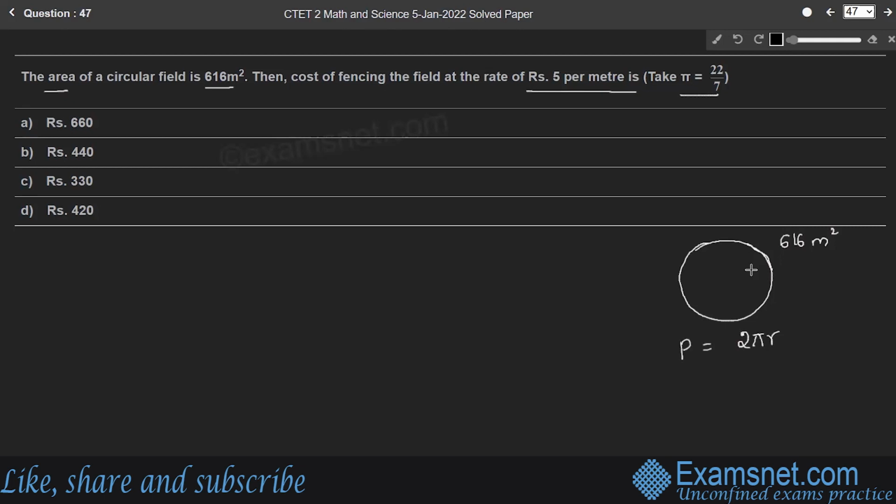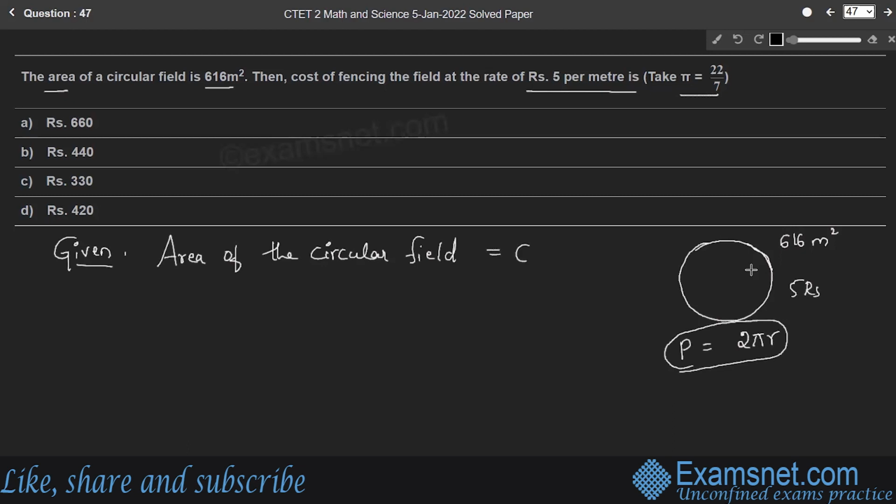First, we have to find that. After that, cost of fencing per meter is 5 rupees. So cost of fencing the whole perimeter of the circle. For that, given: area of the circular field is equal to 616 meters square.